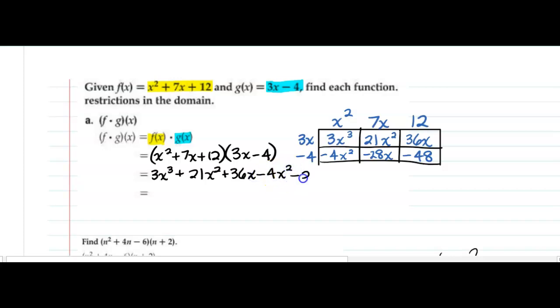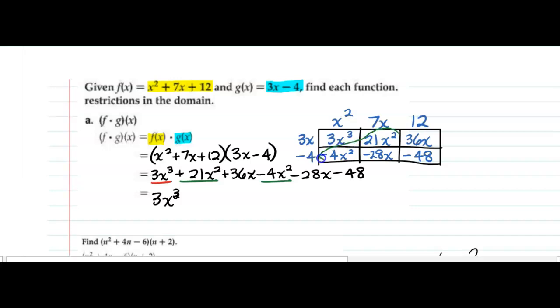So we can take these terms right out of the box. I'm just rewriting those terms side by side. And now, just like we did above, I'm going to combine anything that has a cubed component. I'm going to write anything that has a squared component. These two can go together.